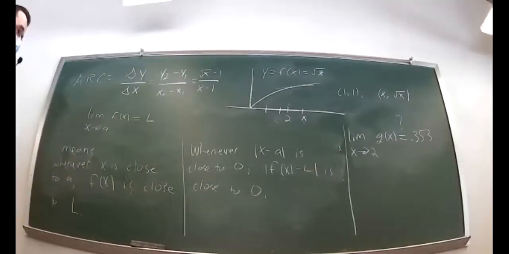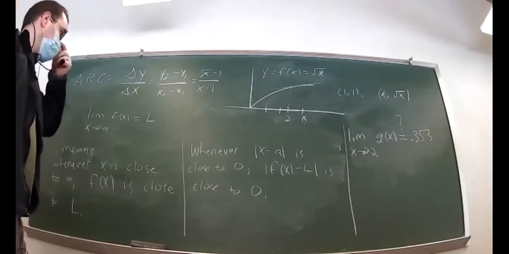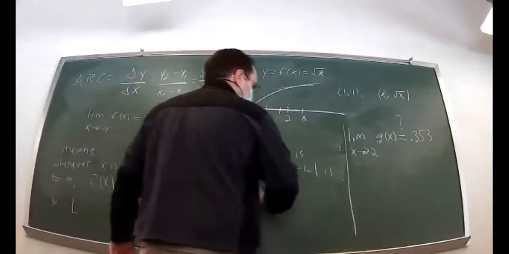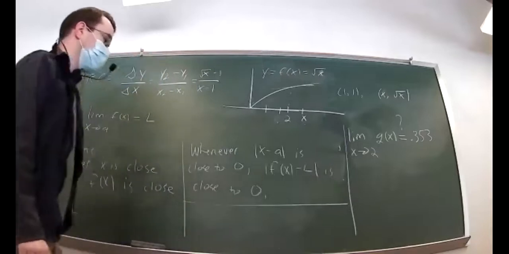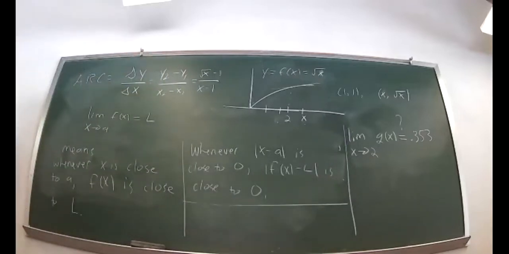That's a formal definition of a limit that you don't need in order to pass this class, but you'll see in an analysis class if you go further on in mathematics.